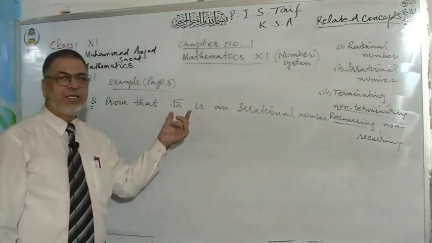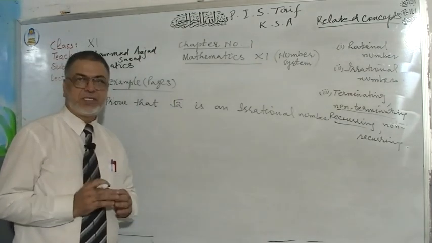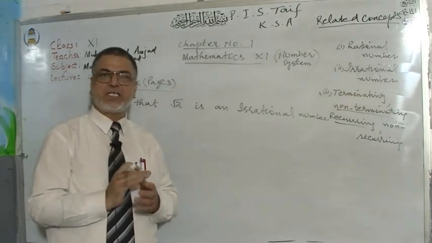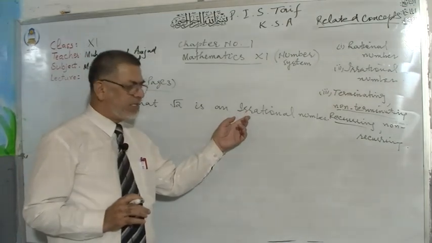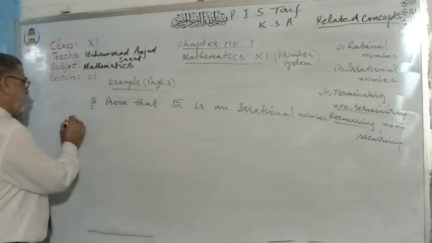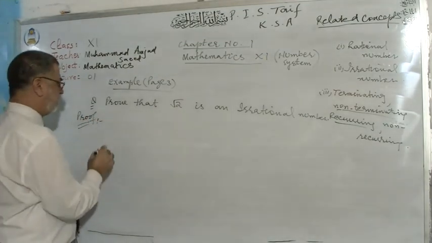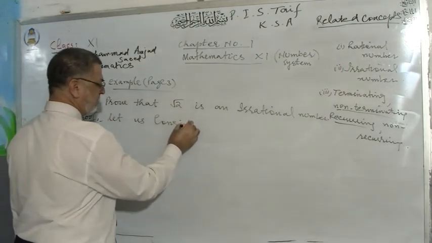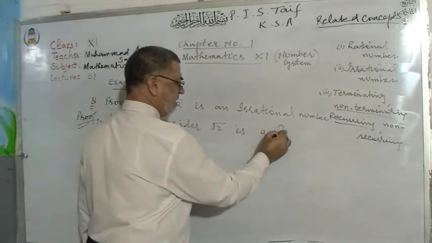First of all, we will suppose oppositely. We will suppose oppositely that square root of 2 is not an irrational number, but it is a rational number. Let us consider square root of 2 is a rational number.